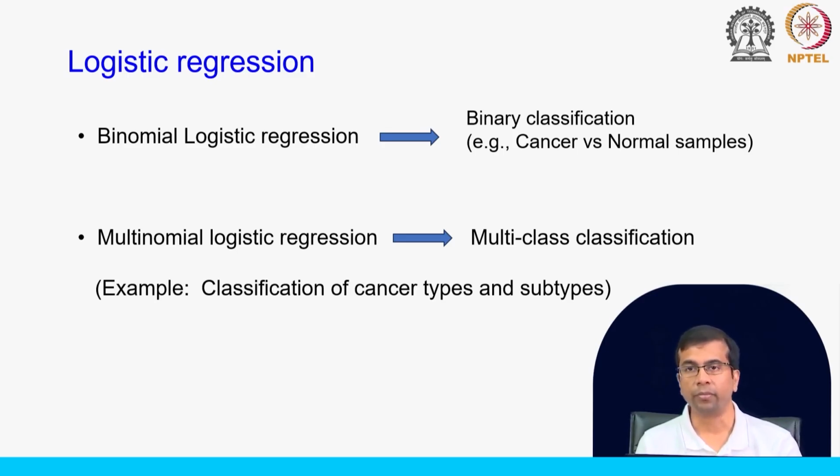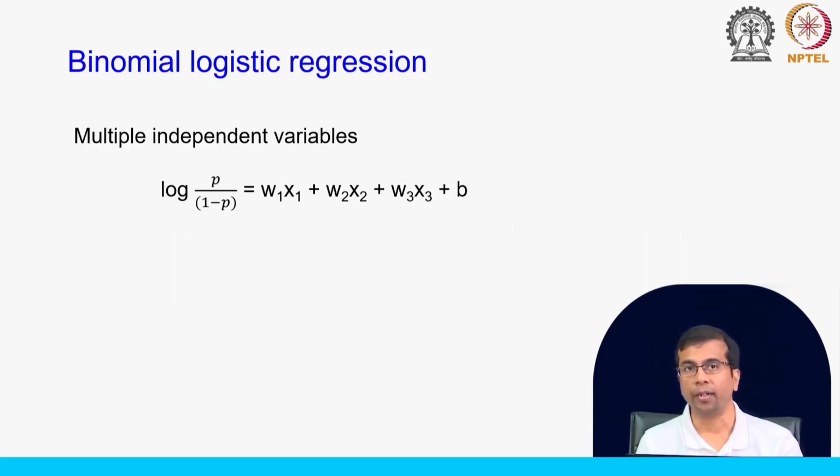Let us now briefly first understand how logistic regression works, and then we will look into the applications and do the hands-on. As we have seen in the case of linear regression, the response variable y is a function of the independent variables x. Here there is a linear relationship, but it is not to the response variable, it is to something called log p by 1 minus p. And what is this p?